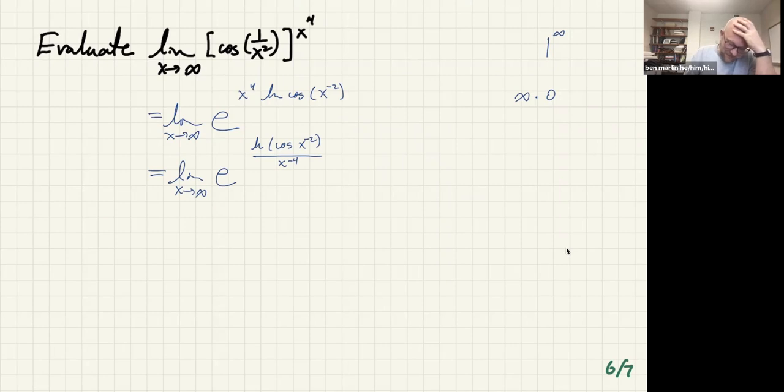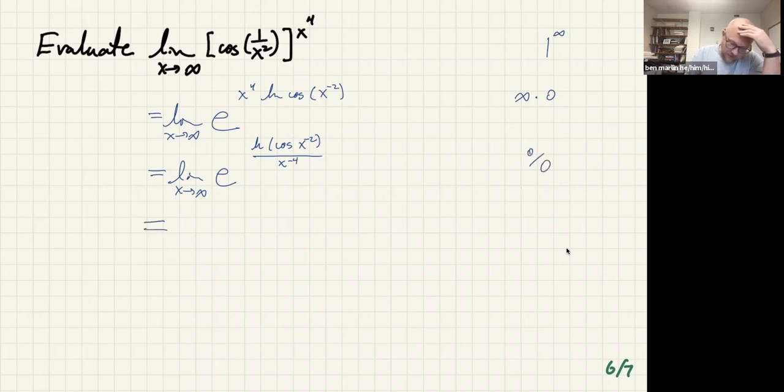So if we try plugging in the infinity there on the top, your x to the minus 2 will turn into a 0, your cosine will turn into a 1, your log will turn into a 0. Great. Your x to the minus 4 that's on the bottom will turn into a 0. Awesome. We have 0 over 0.